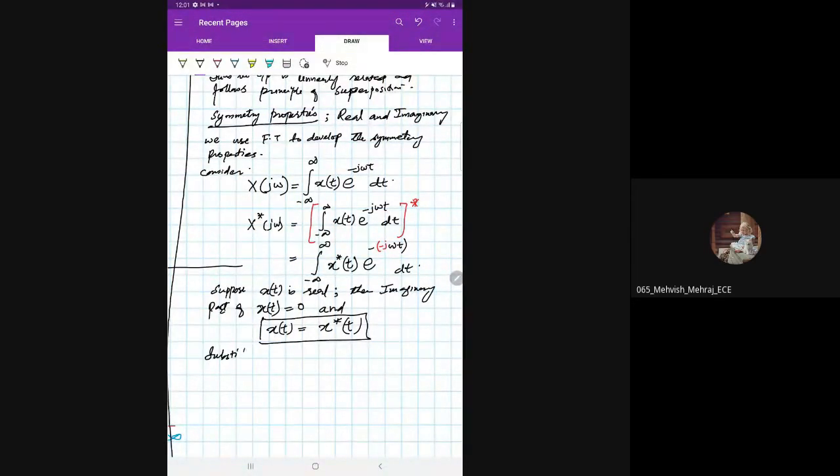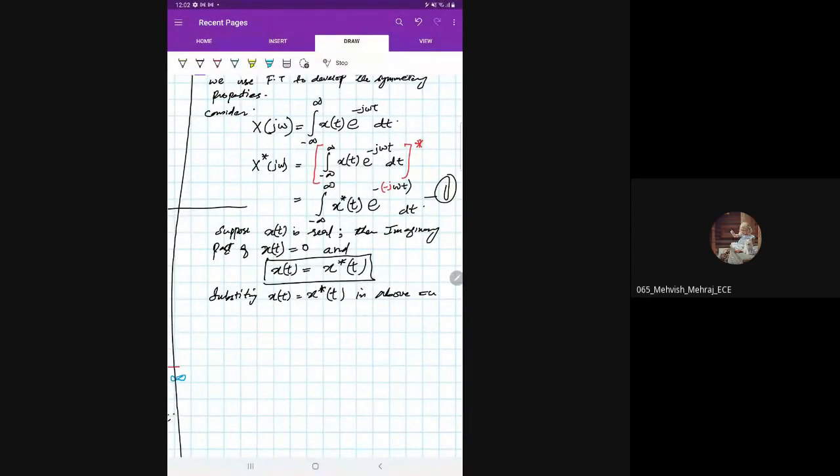Substituting x of t equal to x conjugate of t in the above equation, say this is equation 1. So we will have X conjugate of j omega equal to the integral from minus infinity to plus infinity.